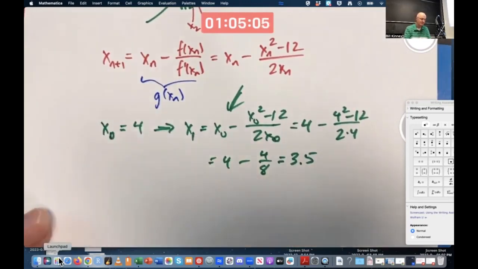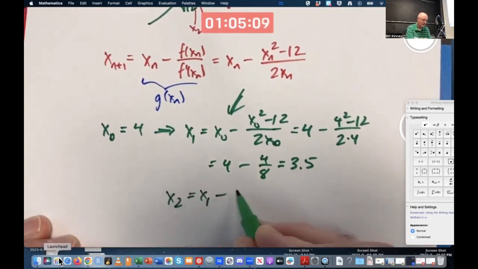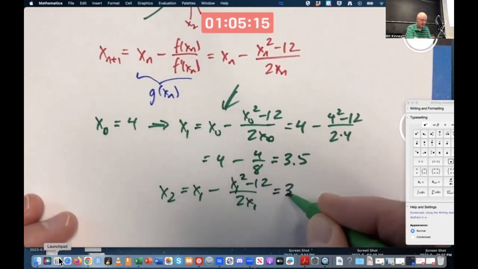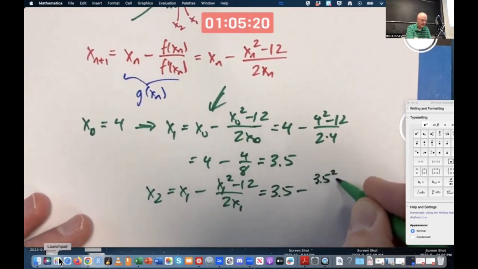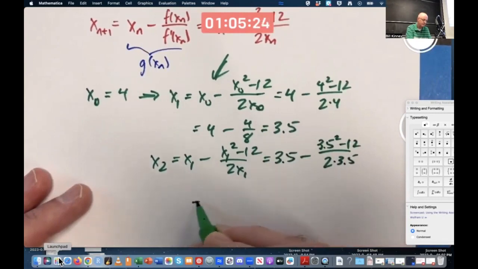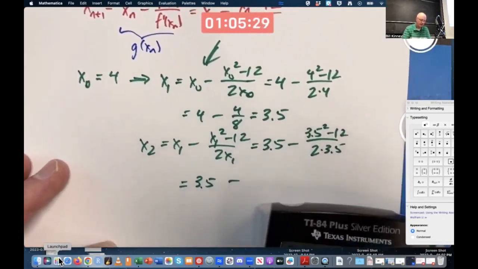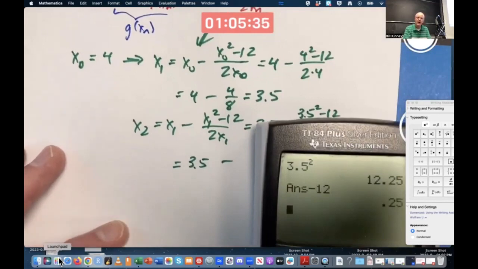Do it again using 3.5 now. x2 will be x1 minus the fraction x1 squared minus 12 over 2 times x1. In other words, it's 3.5 minus the fraction 3.5 squared minus 12 over 2 times 3.5. That numerator, 3.5 squared minus 12 is 0.25.